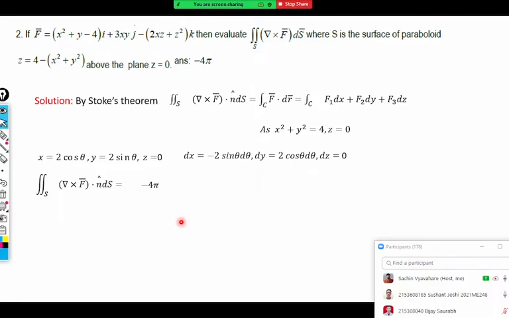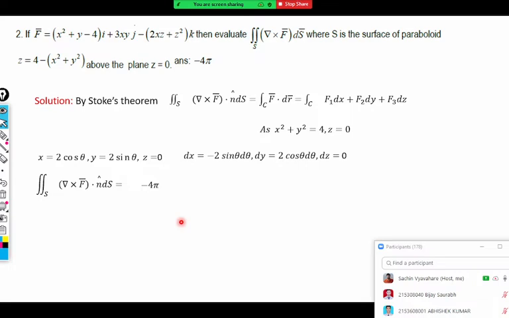Excuse me, sir. Then the question is written above the plane z equals 0. If we integrate below the plane z equals 0, it will be 0, right? No, it is below z equal to 0. First of all, if you take the surface below z equal to 0, the surface will be open from both sides there.